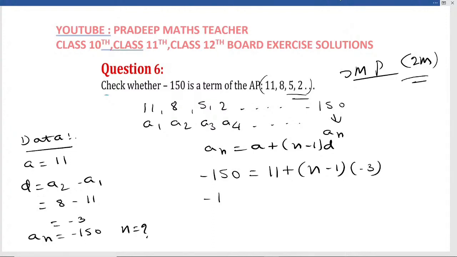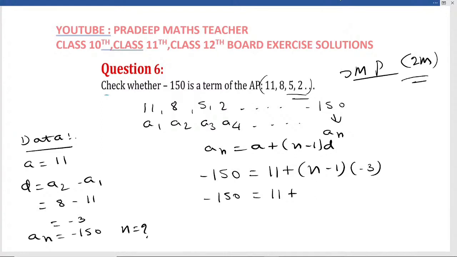So minus 150 equals 11 plus, now what you need to do is multiply this minus 3 to n as well as minus 3 to minus 1. When you are multiplying, you need to multiply the numbers as well as the symbols.